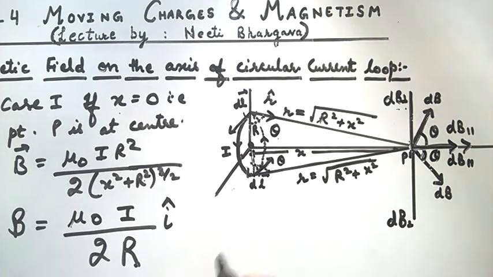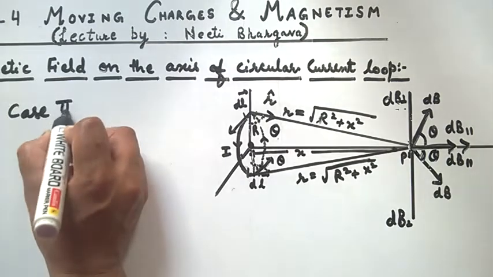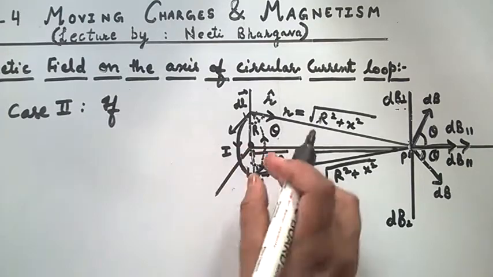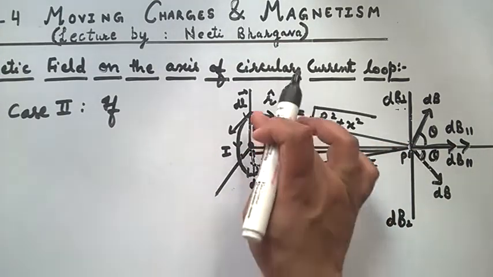Here second case is, if point P is far away from this loop, that is, this x is very, very greater than the radius of the loop.